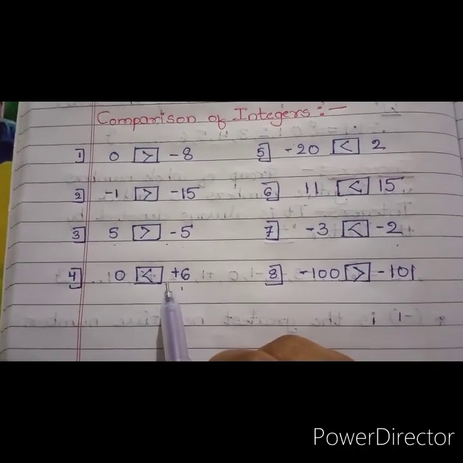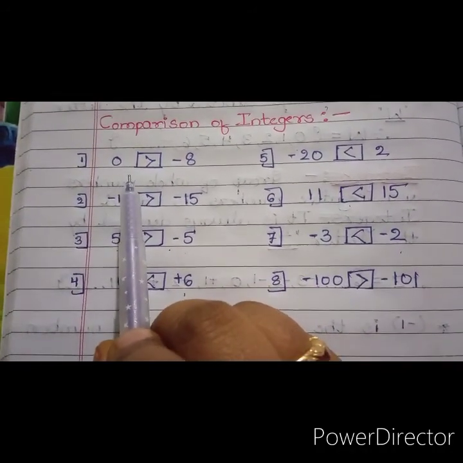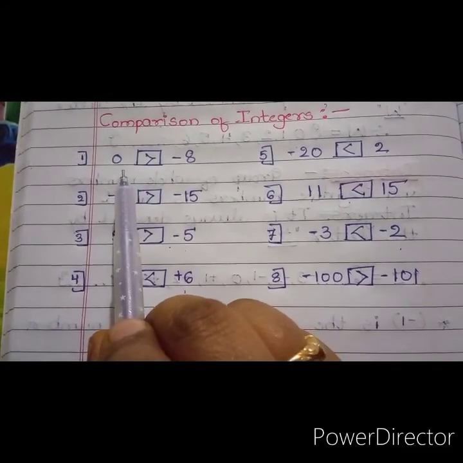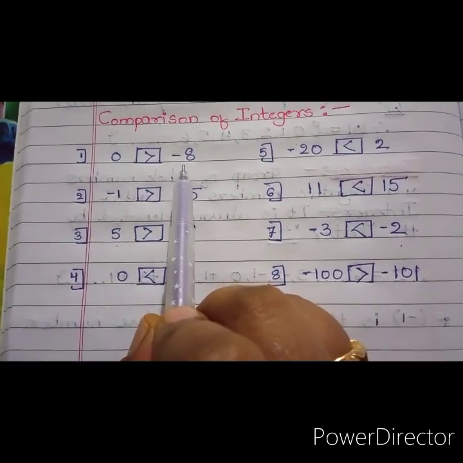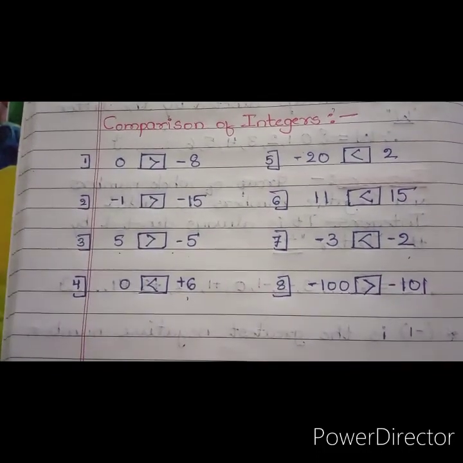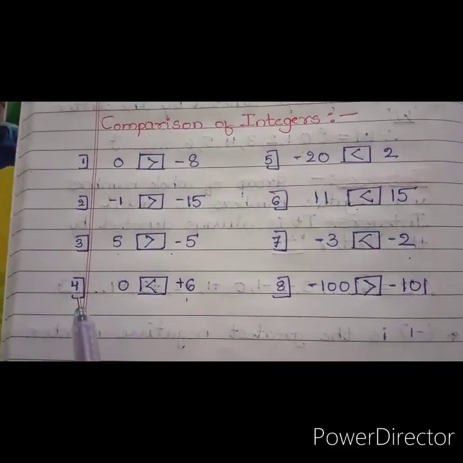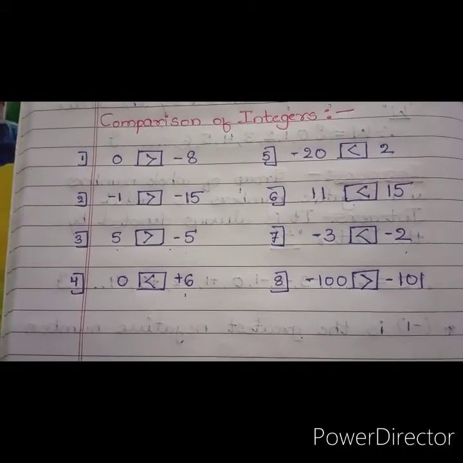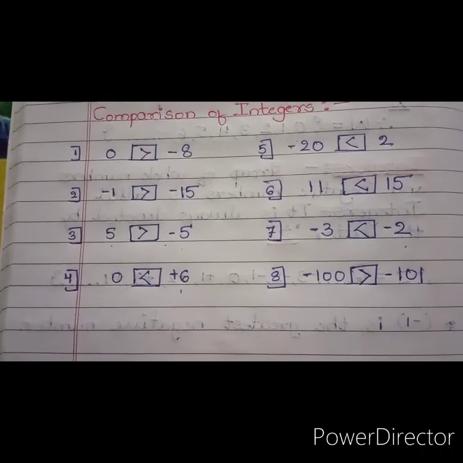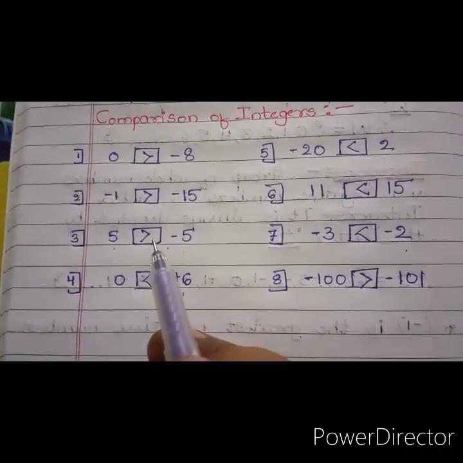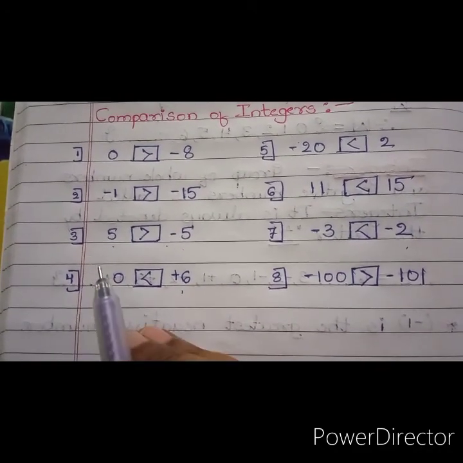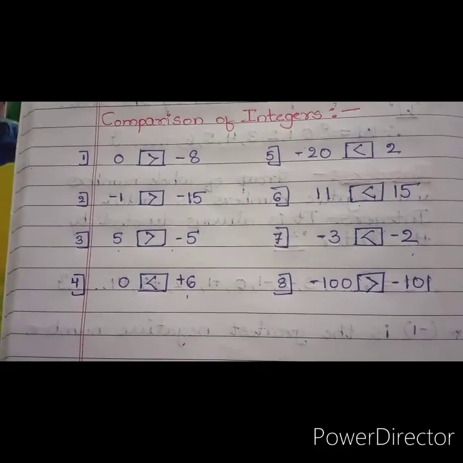In the first example, 0 is greater than minus 8, because 0 is larger than every negative integer. When we are comparing integers, we have to follow some rules, because 0 is neither a negative nor a positive integer. For a number from 0 on the right side, larger is its value, and for a number from 0 on the left side, smaller is its value.